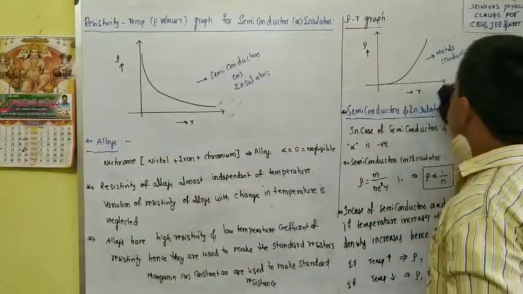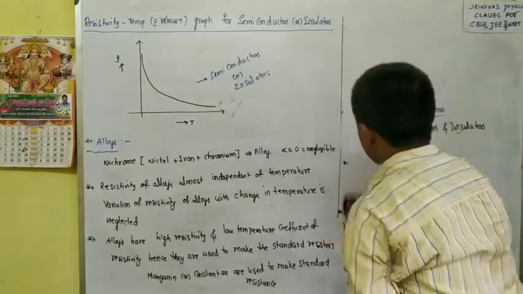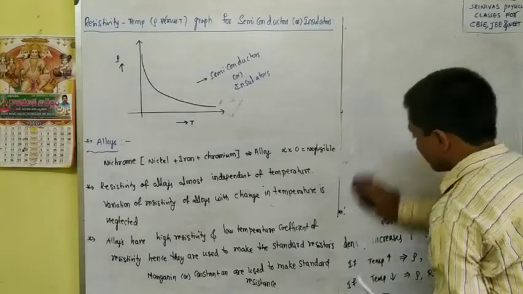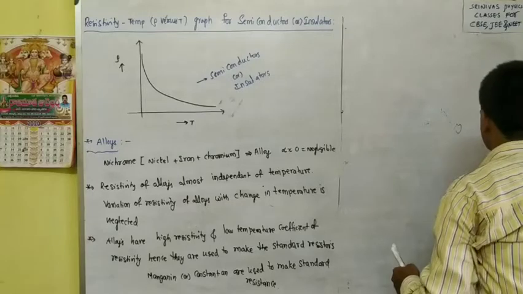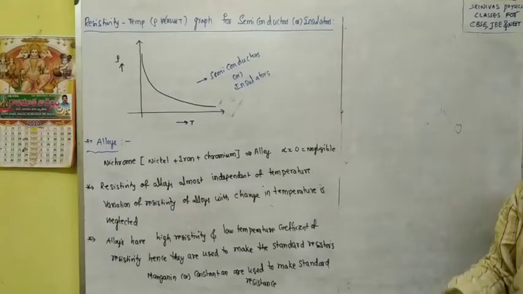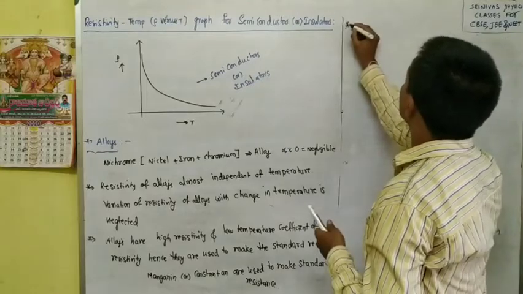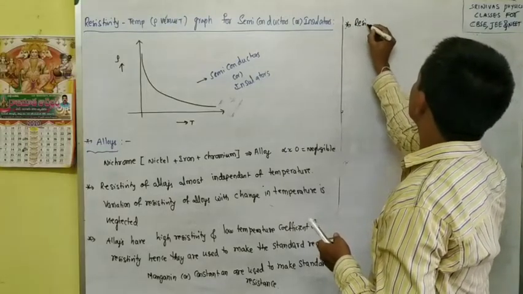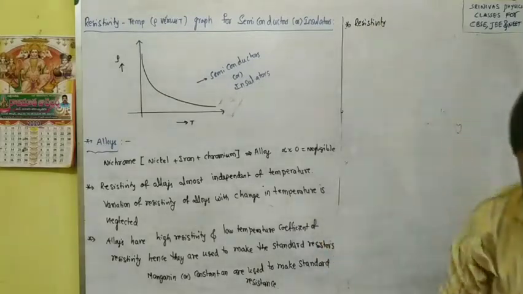And now let us see, we will draw the graph for the alloys. How the resistivity varies with changes in the temperature. Let us see. Resistivity, rho T graph.